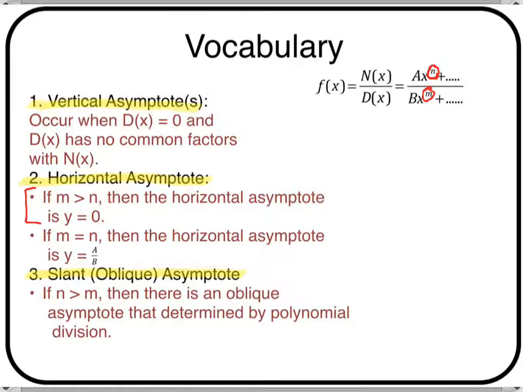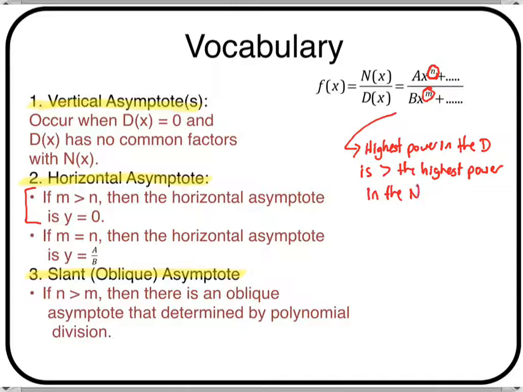Basically, this is saying that if the highest power in the denominator is greater than the highest power in the numerator, the horizontal asymptote is y equals 0. Okay, and it looks like this happens to be the case.